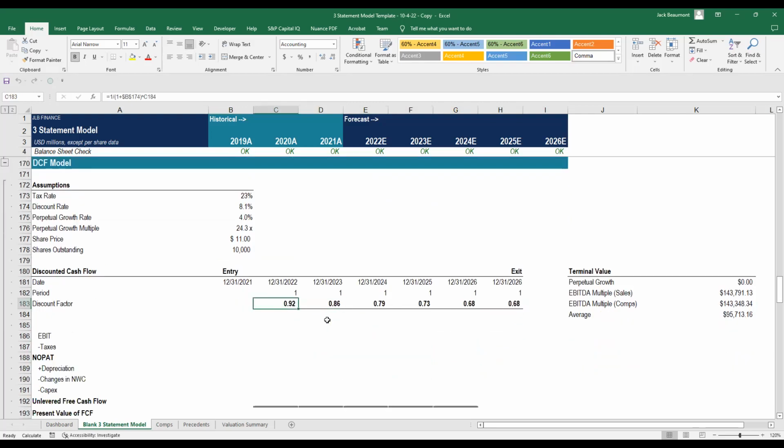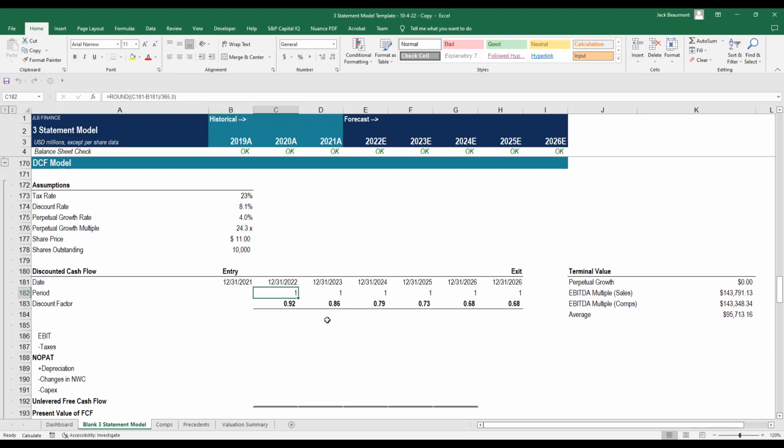And so these are our discount factors, and really all this is 1 divided by 1 plus the discount rate to the power of whatever period that is. And that's your present value formula. You can easily look up the present value formula. By getting a discount factor, we're saying what is the value of $1 in one period.